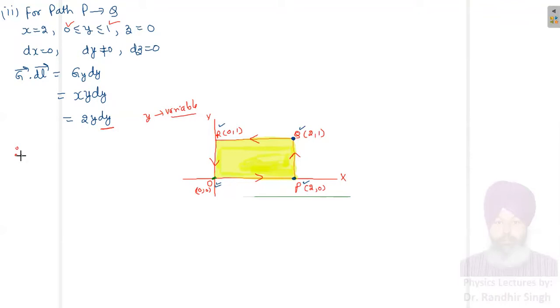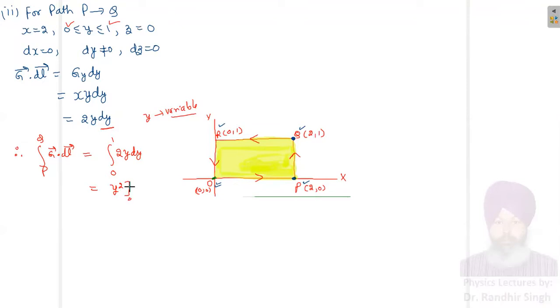Therefore the integration from P to Q of g dot dl will be the integration of 2y dy from 0 to 1, and if you solve it, it will be y square.